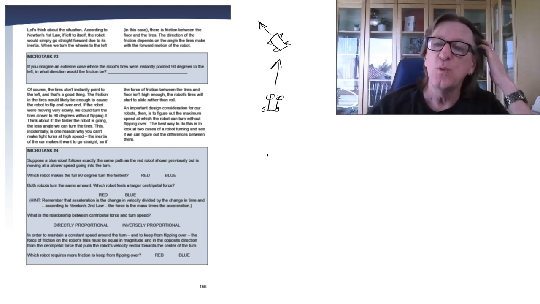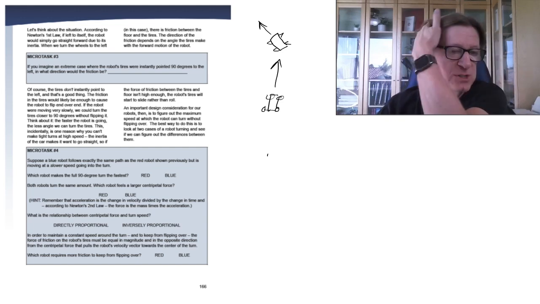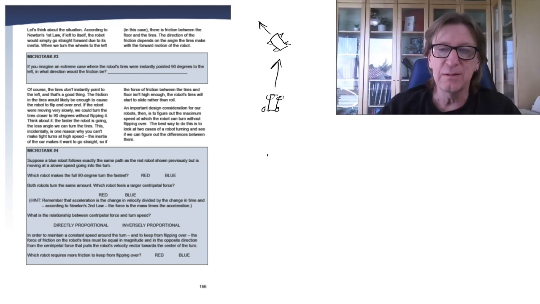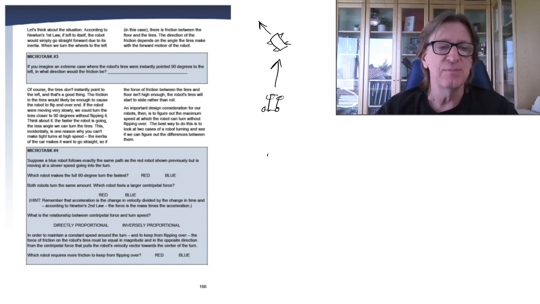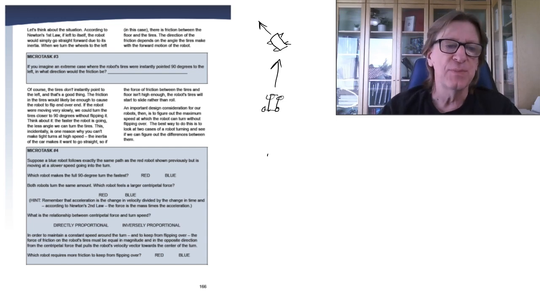All right, so we need to figure out a mathematical expression that will show how to figure out what that speed is. We're going to figure out the magnitude of this centripetal force. Suppose the blue robot is moving on exactly the same path as the red robot shown previously. So let me redraw that so that we can see what it is.